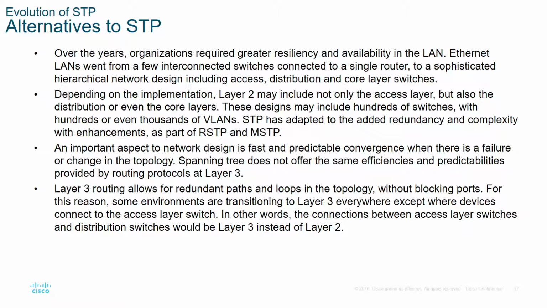Layer 3 routing allows for redundant paths and loops in the topology without blocking ports. For this reason, some environments are transitioning to layer 3 everywhere except where devices connect to the access layer switch, or in other words, the connections between access layer switches and distribution switches would be layer 3 instead of layer 2. So this is the advent of multilayer switches.